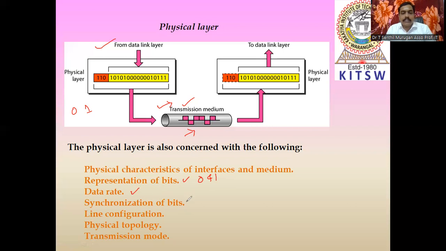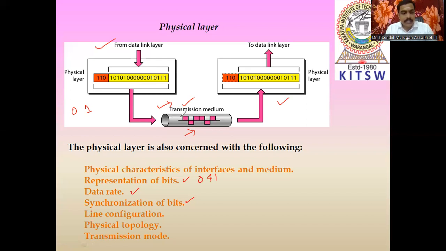Next one, synchronization of bits. What is synchronization? Here the sender sends a bit sequence like 1101010. Does the same format of data reach the destination or not? For that, the same clock is used by both devices. After the signals reach, it checks whether the data has reached correctly or not.